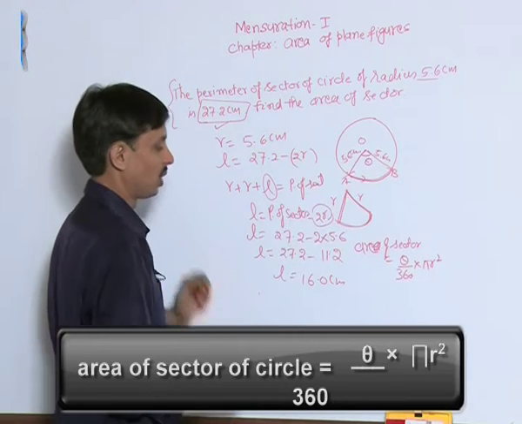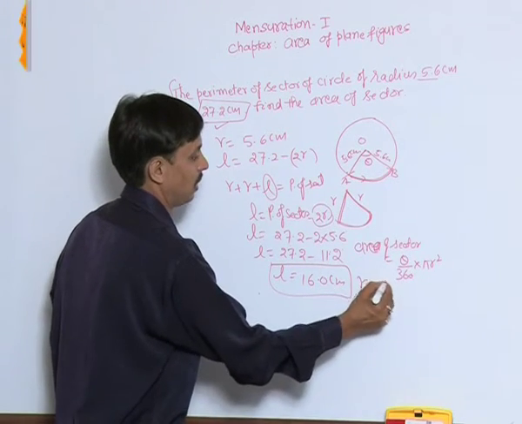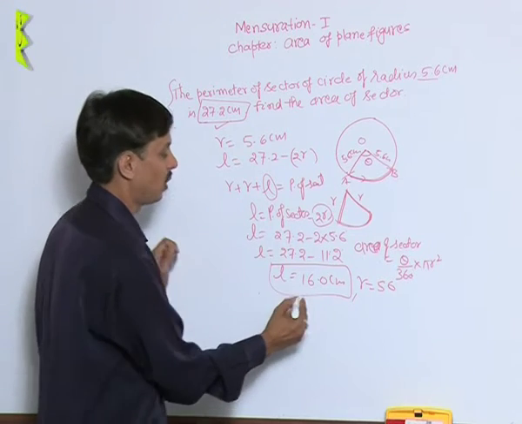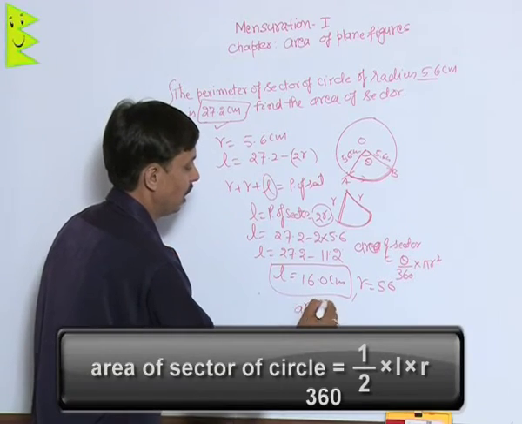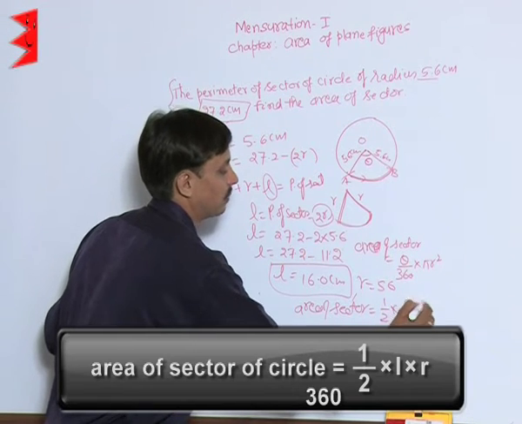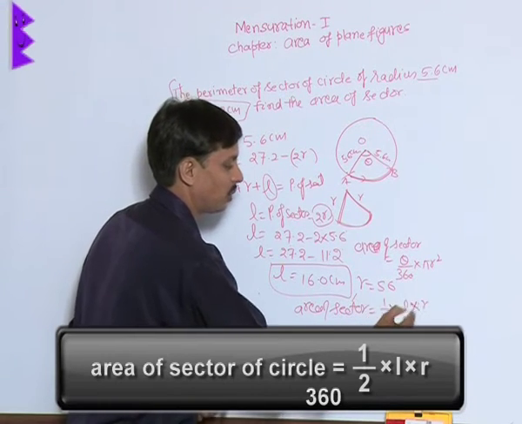But here theta is not given. We have the length of arc, we have the radius, and we want to calculate the area of the sector. In this case, the formula is area of sector is half L R. As I explained, half into L into R.